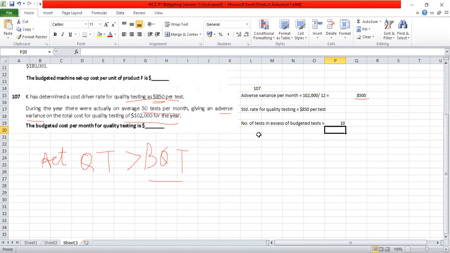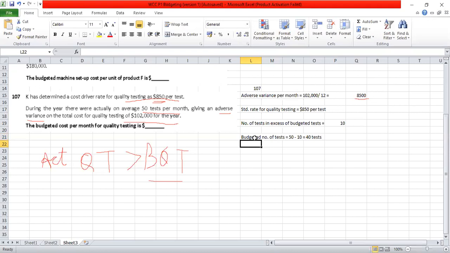So budgeted number of tests is actual tests minus variance: 50 minus 10. So that is 40 tests.